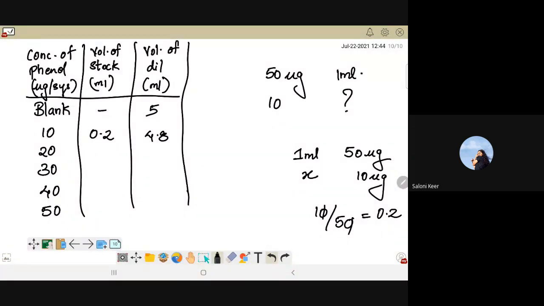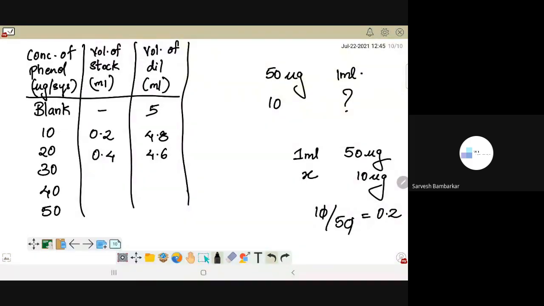Similarly, can you tell me the value for 20, Akanksha? 0.4 ml of stock and diluent is 4.6. Very good. Sarvesh, can you tell me for 30? 0.6 ml of stock and 4.4 ml of diluent. How do you get 0.6?